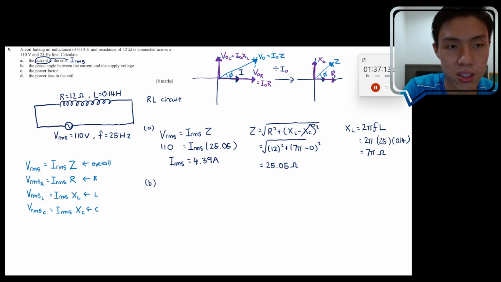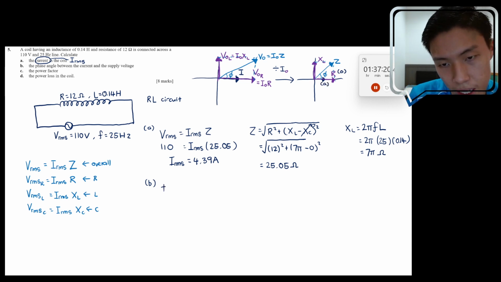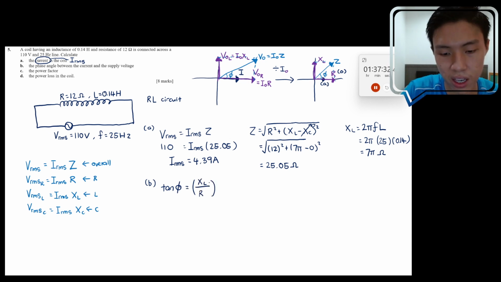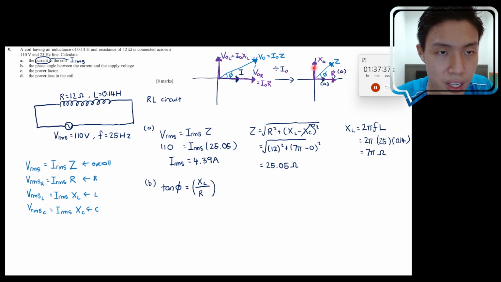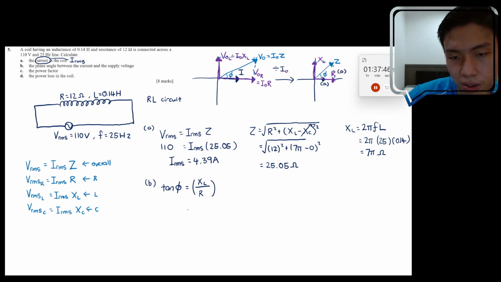Tangent phi is opposite divided by adjacent. Opposite here is XL, adjacent here is R. Opposite is not Z, opposite is XL. You can bring the XL arrow to this side to form a right angle triangle. For this right angle triangle, the opposite side is XL. So now it's just substitution.